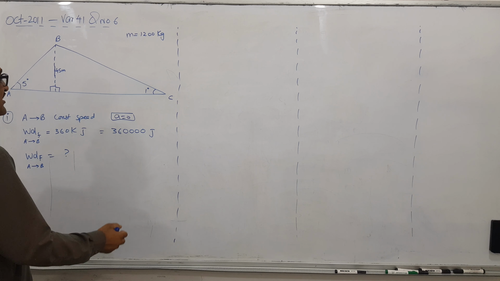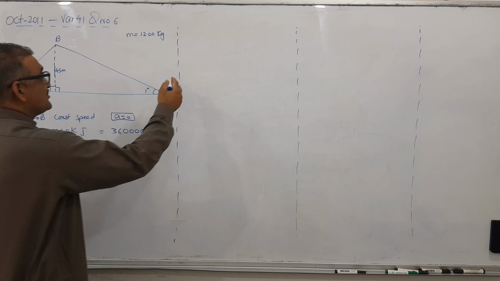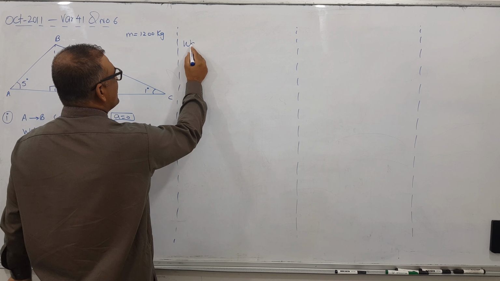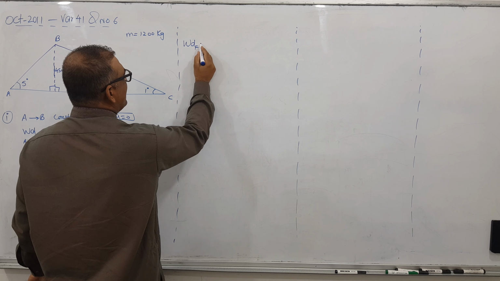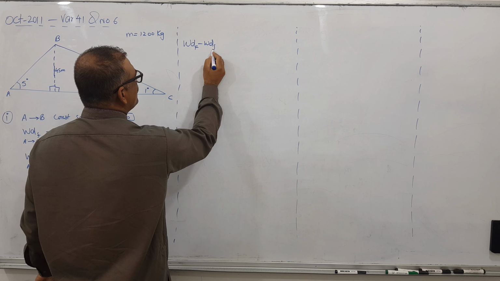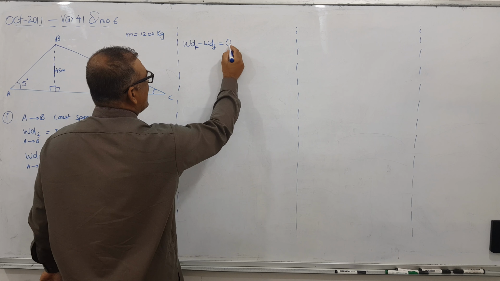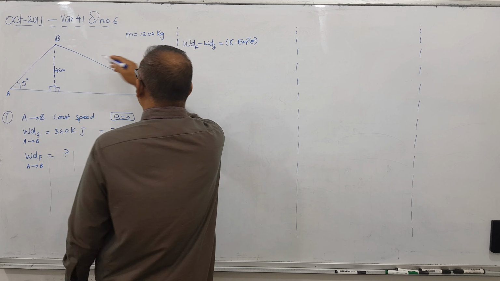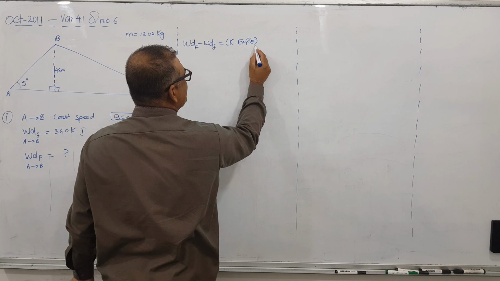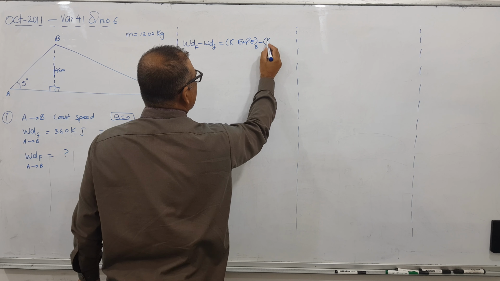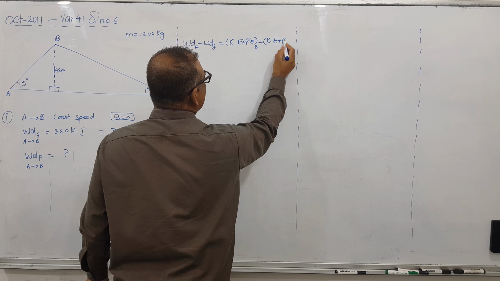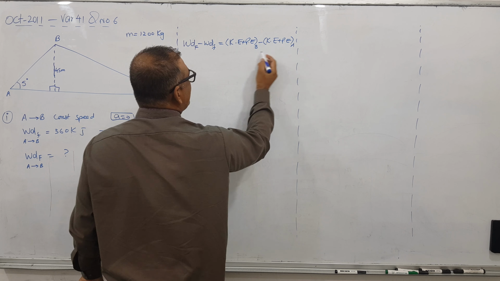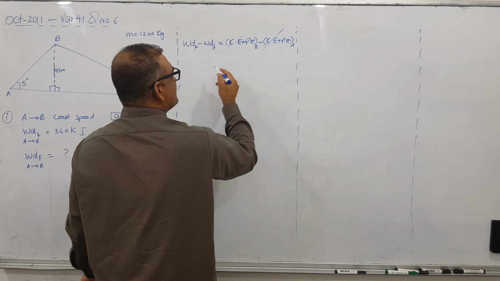So the first part is very easy. We can use the formula: net work done by applied force, work done by frictional force, is equal to kinetic energy plus potential energy at the top, B, the last point, minus kinetic energy plus potential energy at the start point, A. But this and this cancel.